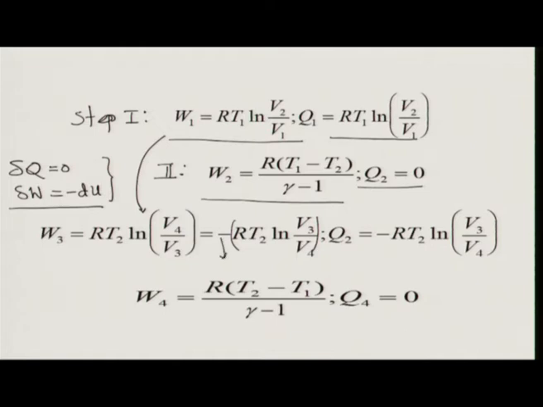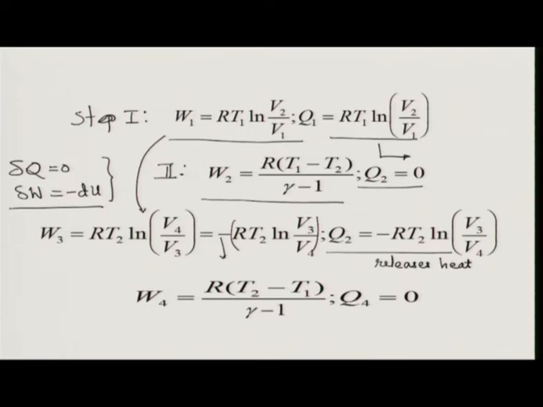That tells me work is done on the system and system releases heat. Where? To the cold reservoir, which is at temperature T2. These temperatures T1 and T2, they don't change because I have assumed my reservoirs are very, very big.